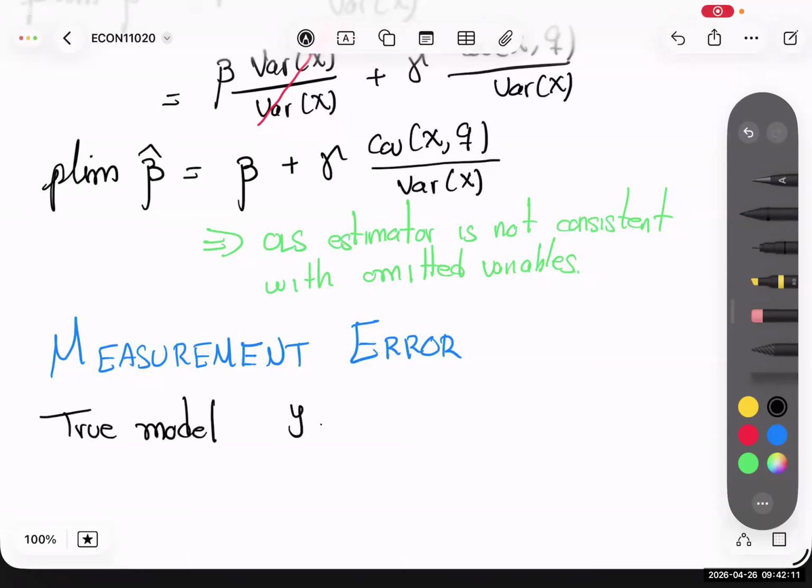is Y star, where Y star refers to the actual value of the dependent variable, or values, right? Because these are vectors, but what we will say is that there's no mistake in the way we measure the dependent variable.